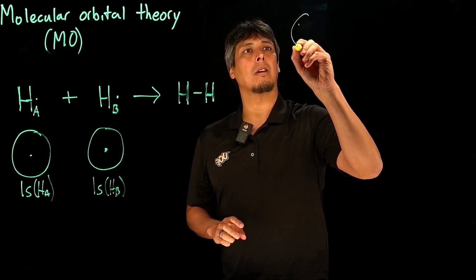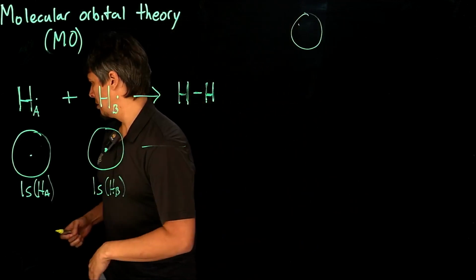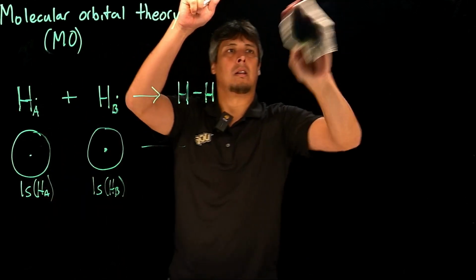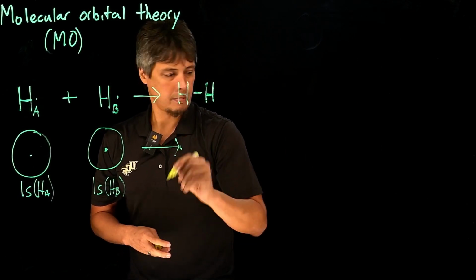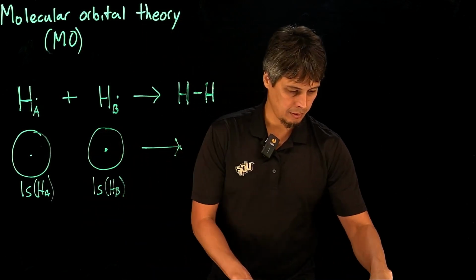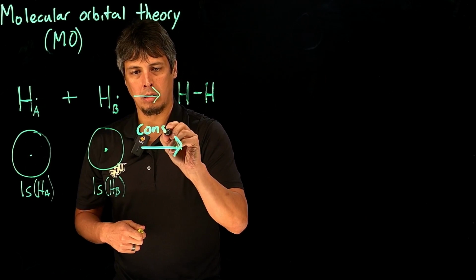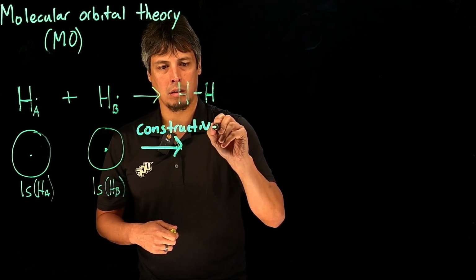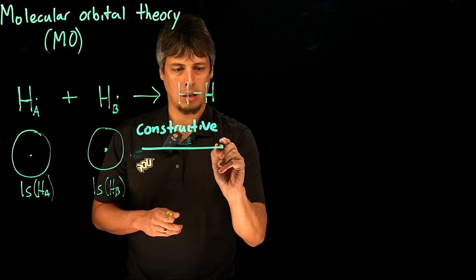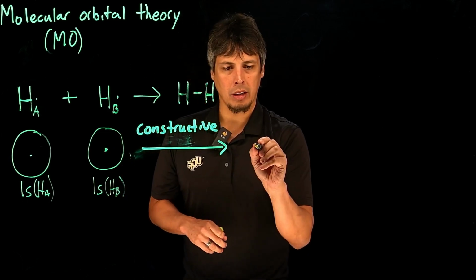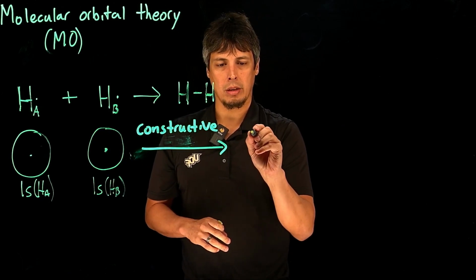All right, and so if we think about constructive interference between these two orbitals, for constructive interference, we can think of that there being improved overlap in the region that these two interact.